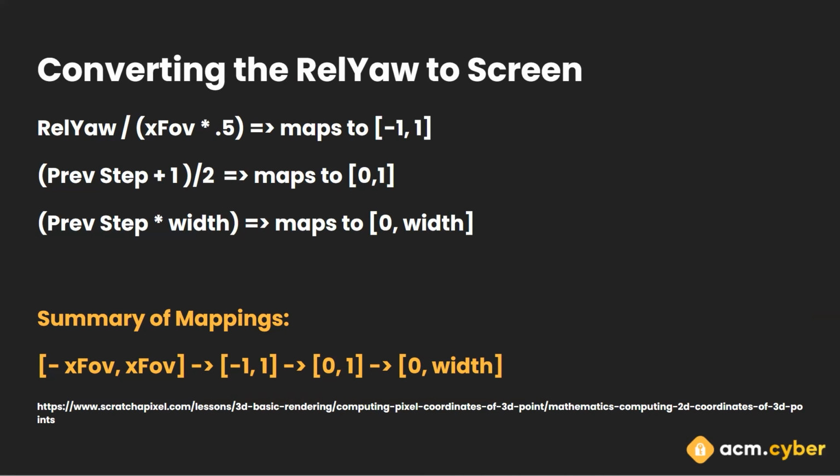Essentially what you want to figure out is this angle, what percentage this angle takes up out of the entire maximum angle that you can move your head in one frame. So these bounds over here represent how far you can turn your head in one frame.